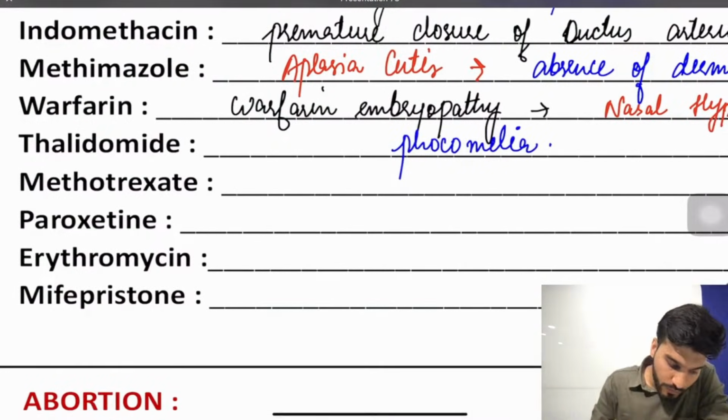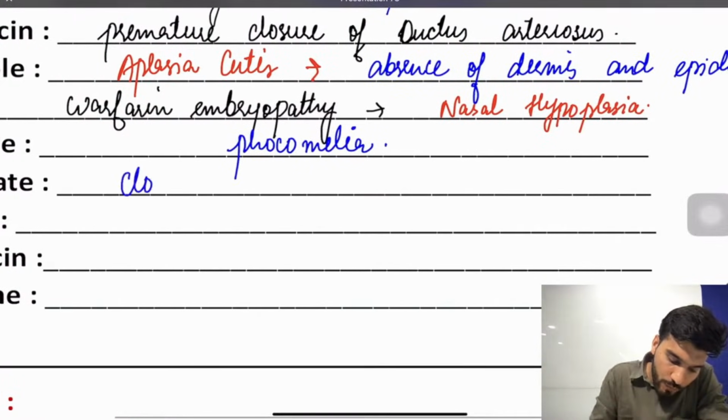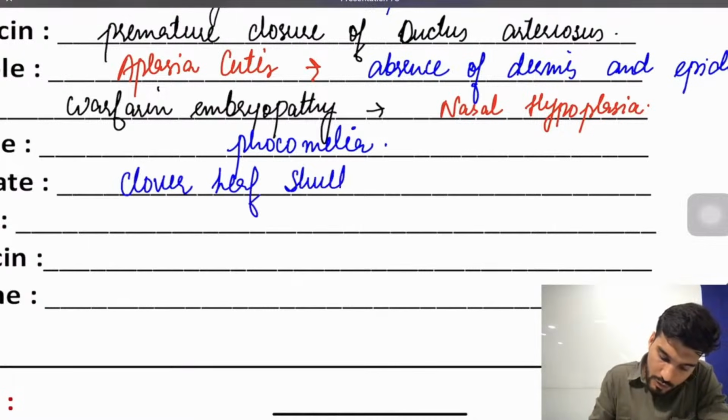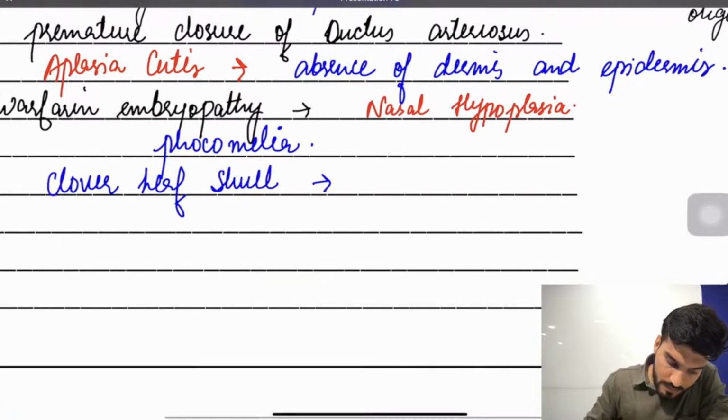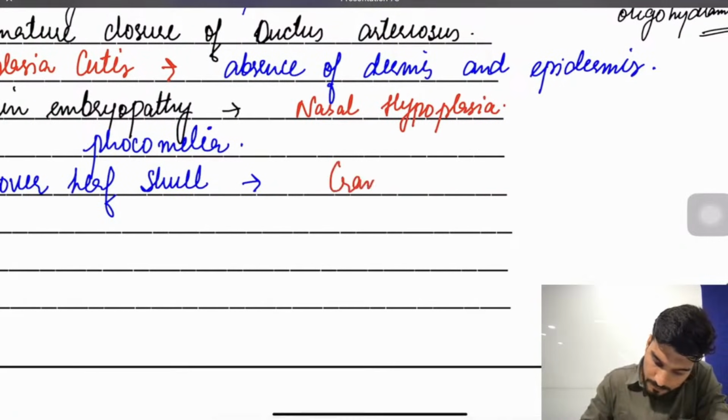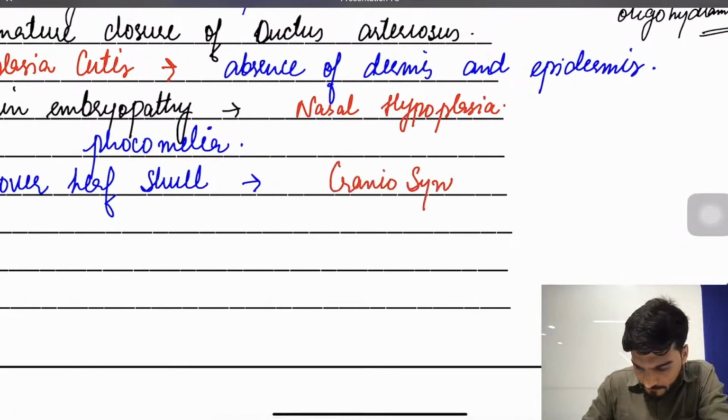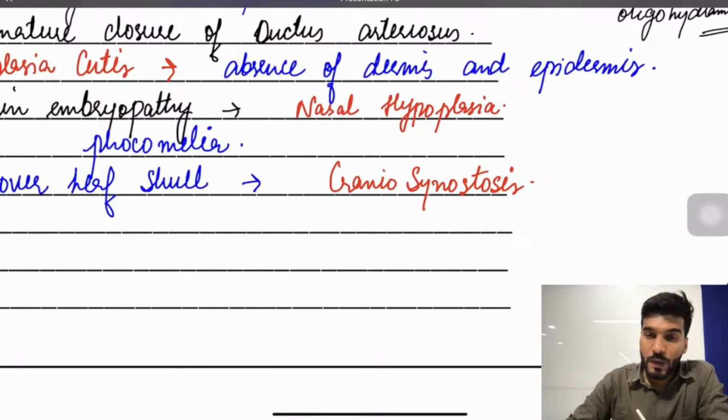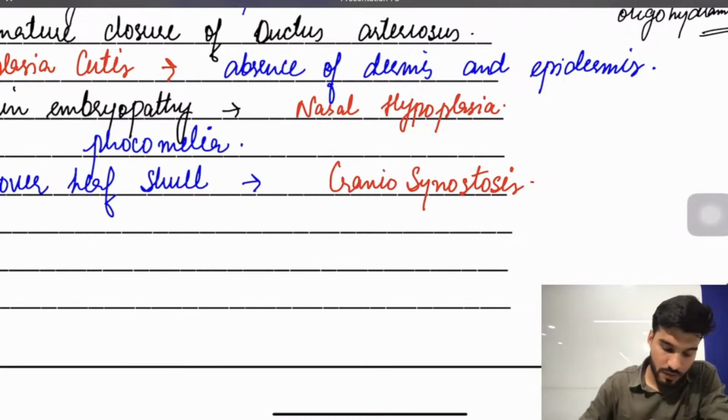Then methotrexate will cause clover leaf skull, which is called craniosynostosis.